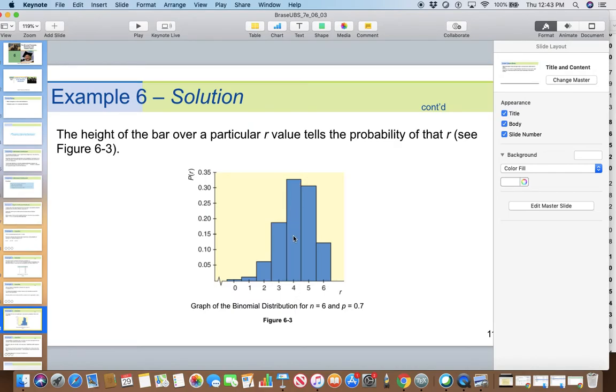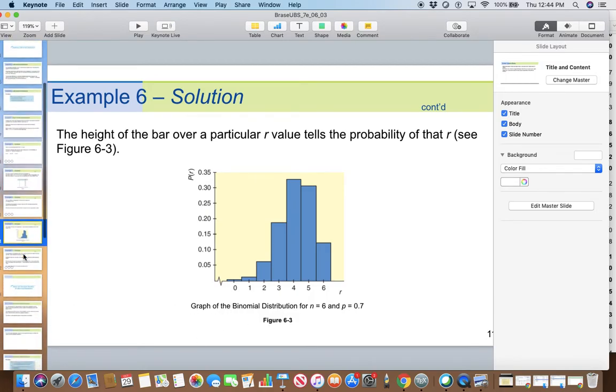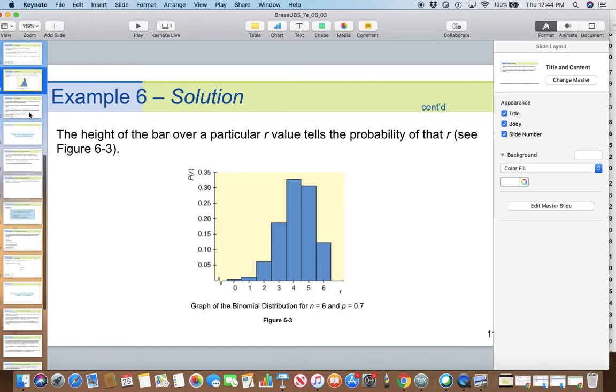So area of this rectangle will be 1 times the height. So area itself is probability of 4. Area of this rectangle is probability for 3, and so on. So this is your histogram, which is the graph of the binomial distribution in our case.